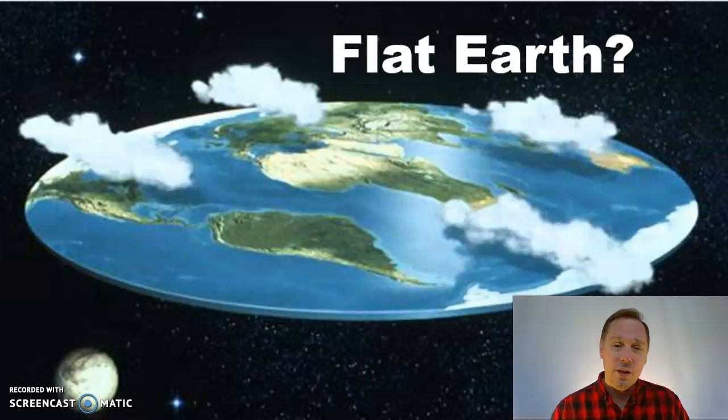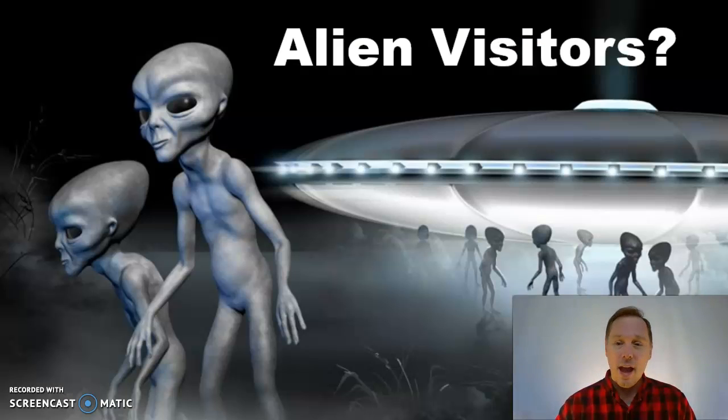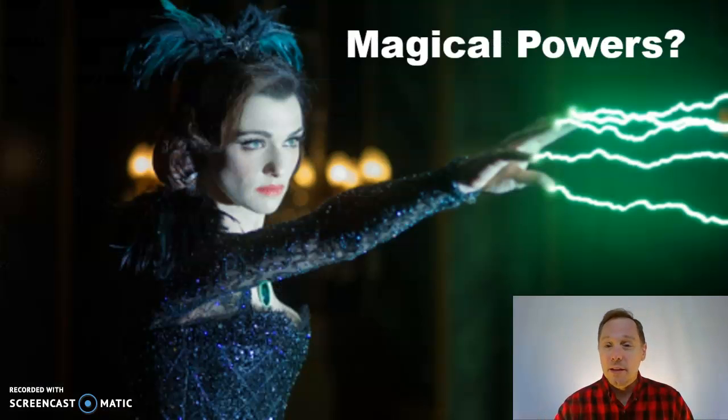Some people think the earth is flat as a pancake. If you go on the internet, you'll see a lot of videos claiming this. But is it true? Is this real science? Have we been visited by alien visitors? There's a lot of TV shows that say, oh yeah, we have. But think critically, my friends. Is this really happening?